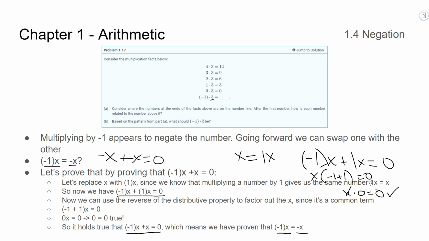And we just proved that that is in fact true. So we can conclude that -1 times x is always -x. Again, I don't know if that was super clear or not. I apologize if it wasn't, but the whole point is that yes, multiplying by -1 is going to give you the negation of that number.